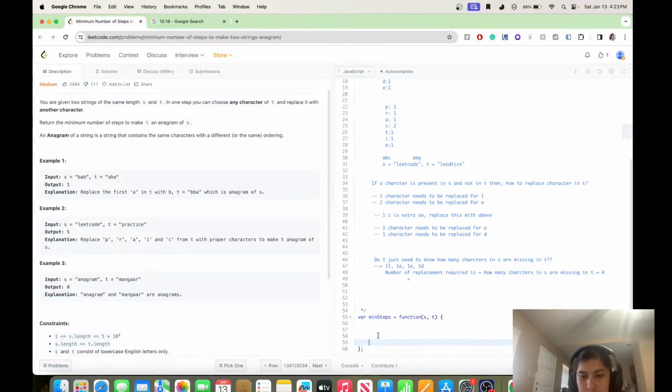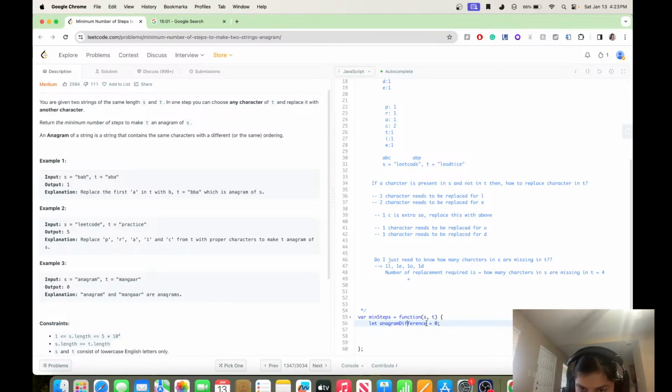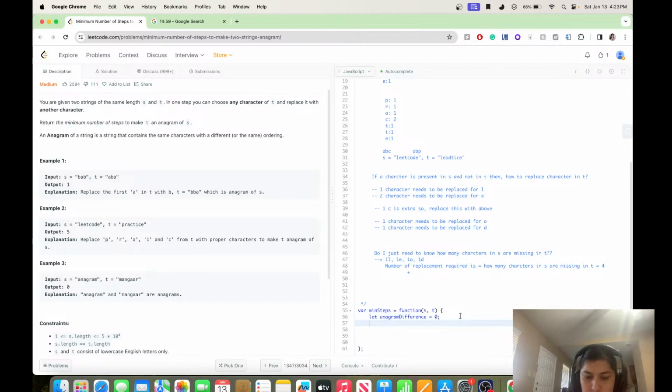I don't know. So let number of steps, let anagram difference be equal to 0 and count character in S is equal to... and do I even need two S maps?